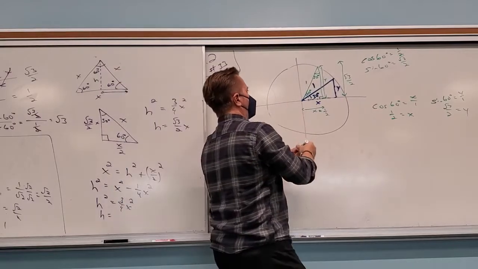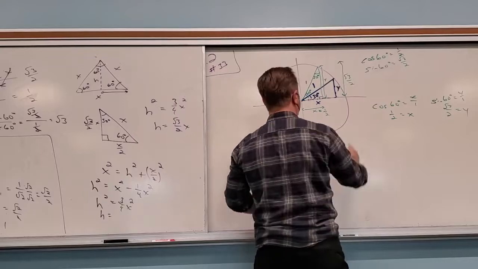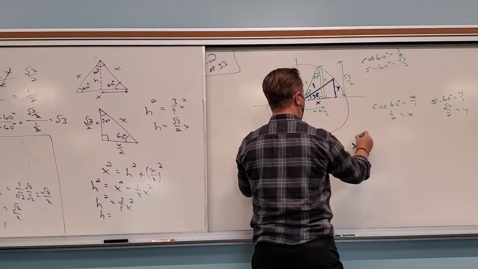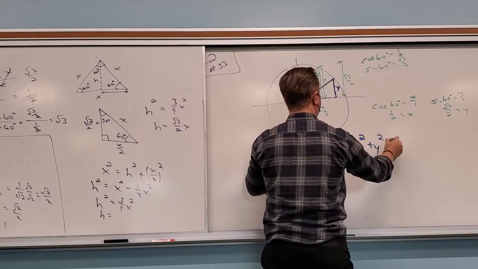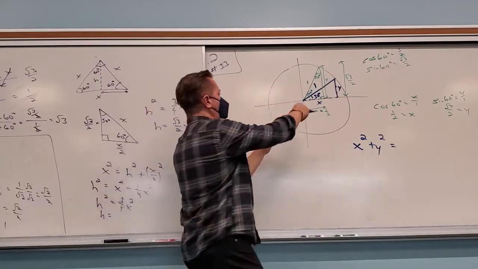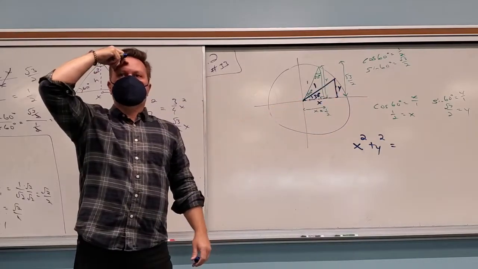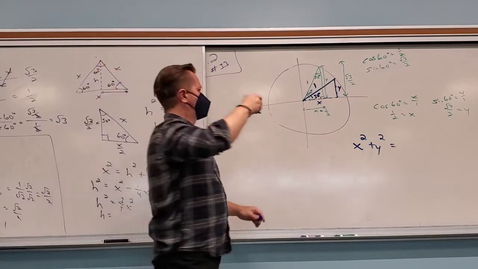Something else I want to point out. Looking at that blue triangle, since it's easier to see, can anyone tell me what x squared plus y squared is? In fact, for each triangle this is true, but it's easier to see the blue triangle. What's x squared plus y squared? 1.